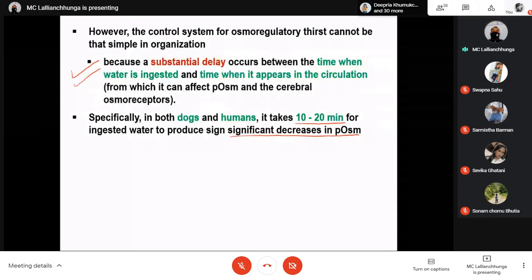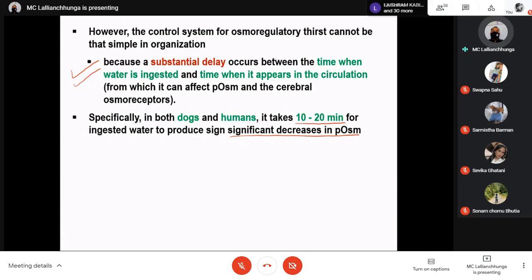So to decrease plasma osmolarity significantly, the water we have ingested will take at least 10 to 20 minutes. That means if we consider only dilution of plasma osmolarity to cause thirst satiation, it means thirst will be satiated only after 10 to 20 minutes.